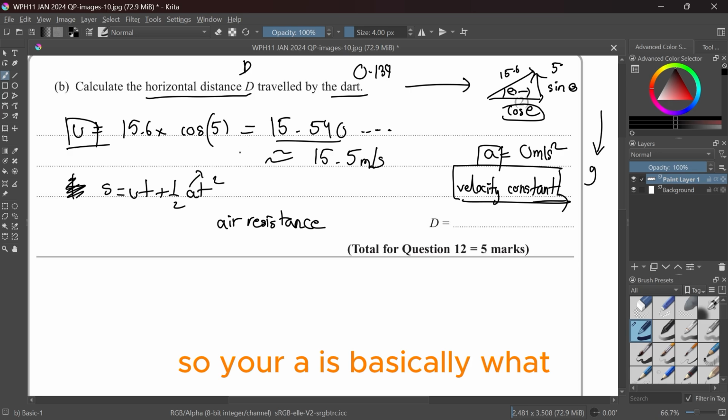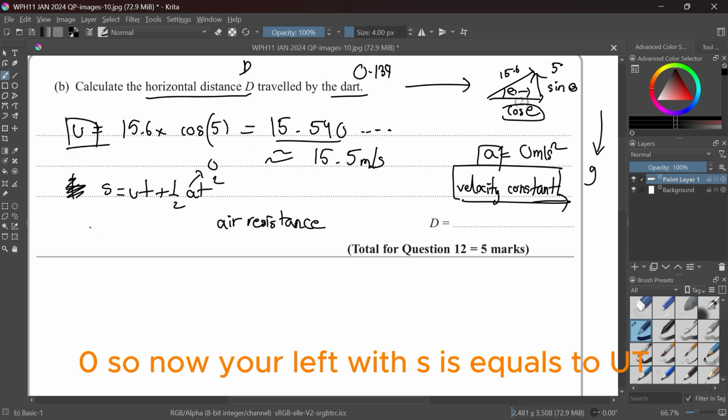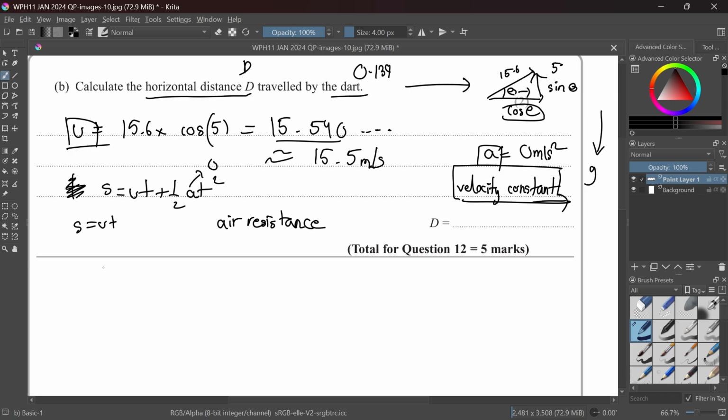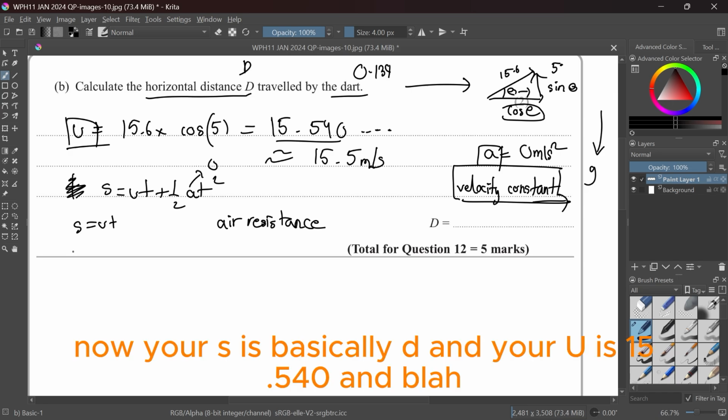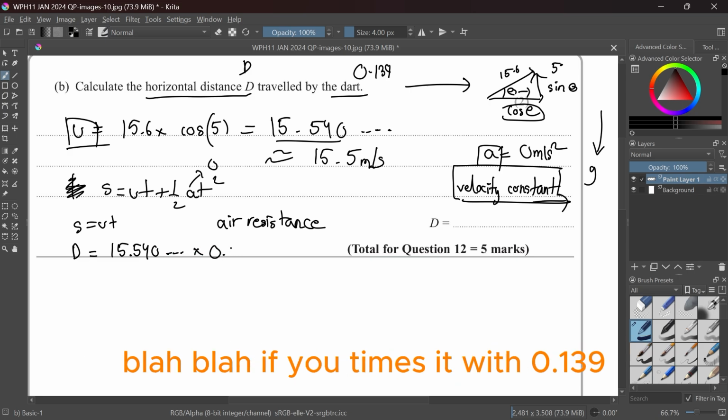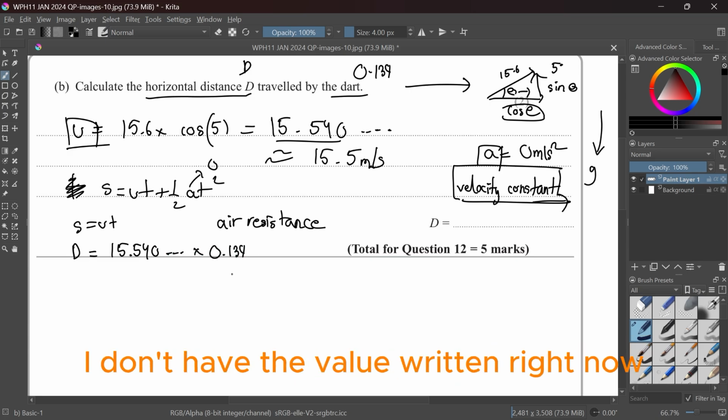Your a is basically 0, so you're left with s equals ut. Now your s is basically d and your u is 15.540 blah blah. You multiply it by 0.139.